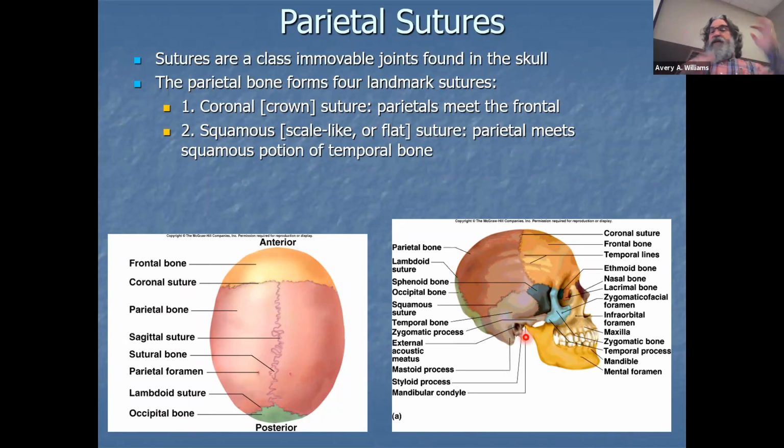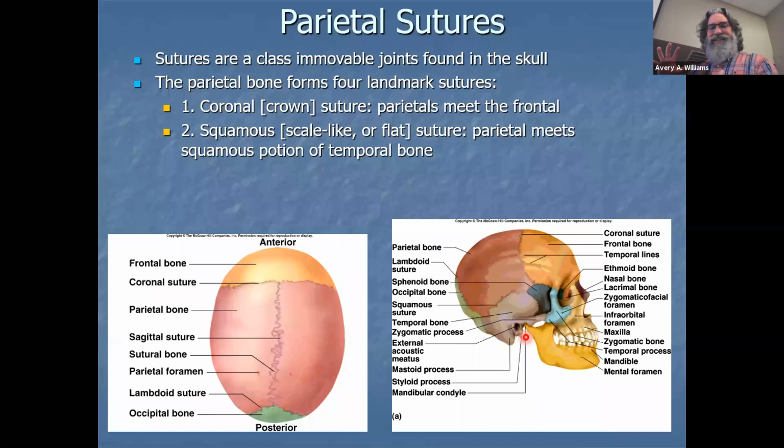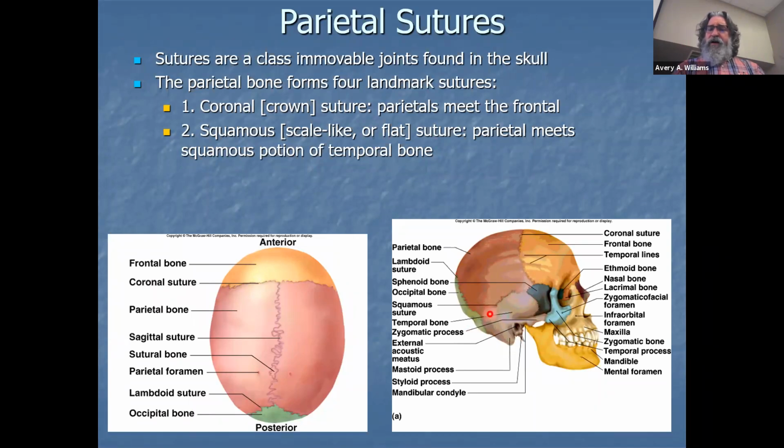In lab, the good thing is you see more detail. The temporal bone is what we call a composite bone, and composite bones are composed of different parts, usually a result of different ossification centers fusing together. There's one big flat part right here called the squamous portion. Flat, get it?